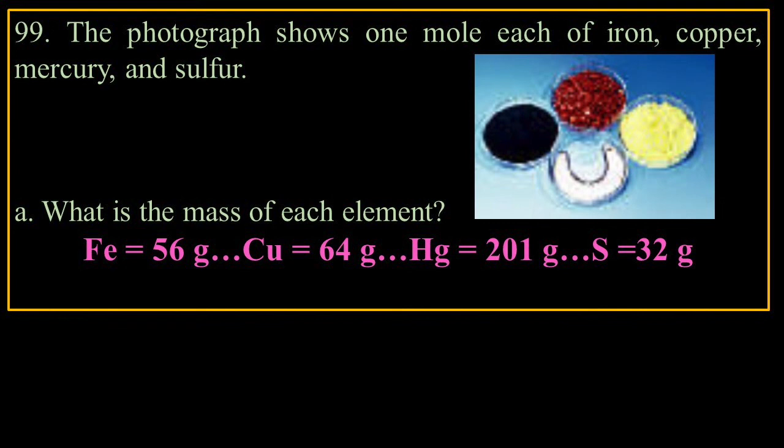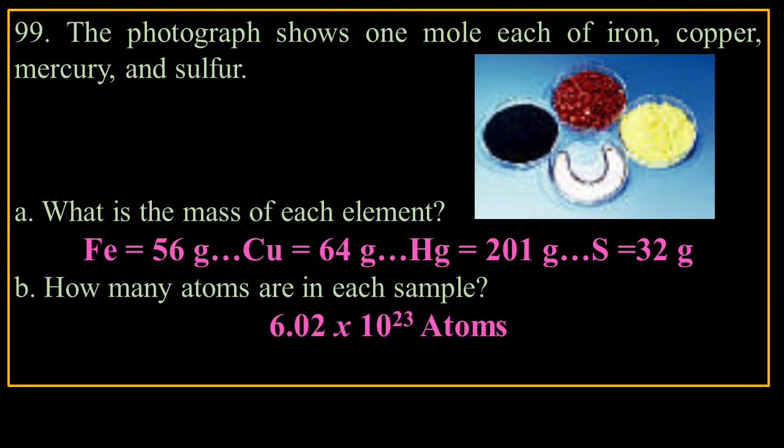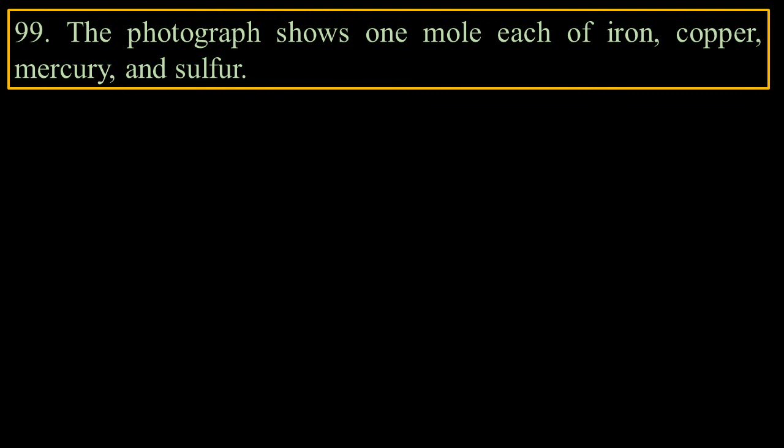Remember, the mass in grams of 1 mole of any particle is equivalent to the mass of 1 particle in atomic mass units. How many atoms are in each sample? 6.02 times 10 to the 23rd, because that's the number of particles in 1 mole. What else? All right, going back to the original question.